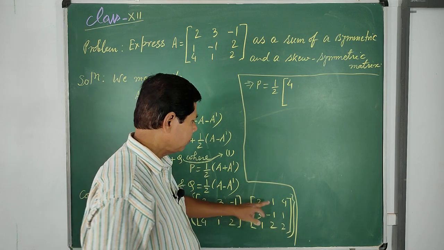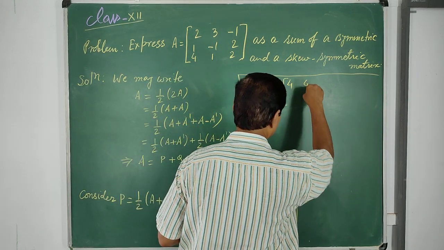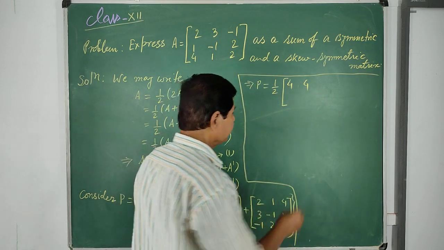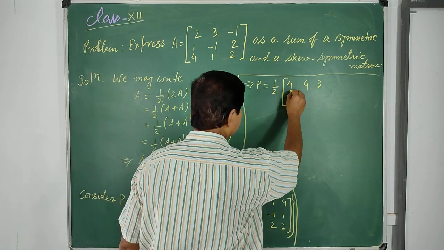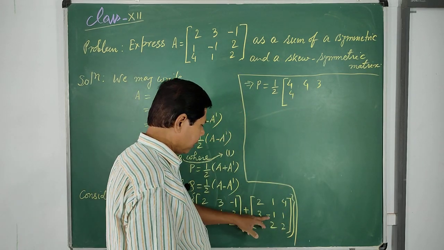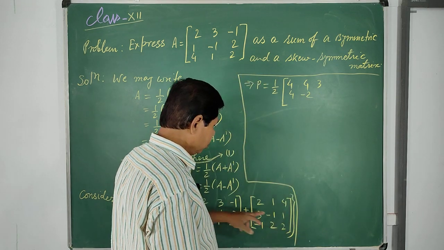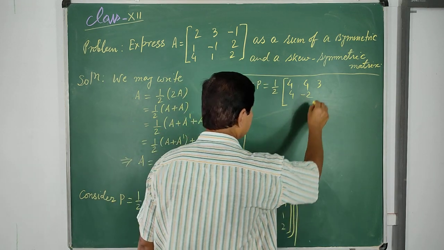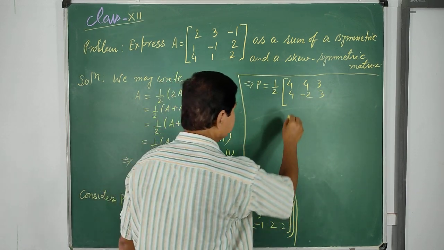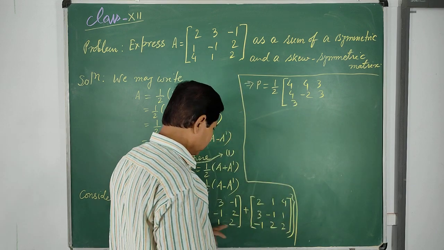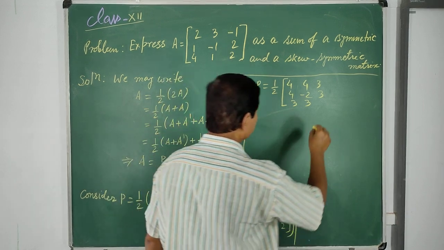Thereafter 3 plus 1, 4, and minus 1 plus 4 equal to 3. 1 plus 3 equal to 4. Minus 1 minus 2. 2 plus 1, 3. 4 plus minus 1, 3. 1 plus 2 equal to 3 and 2 plus 2 equal to 4.